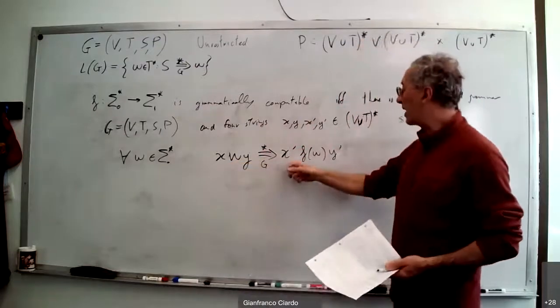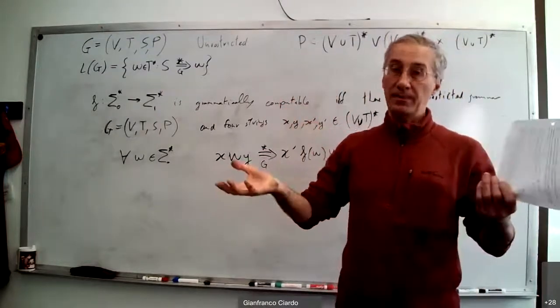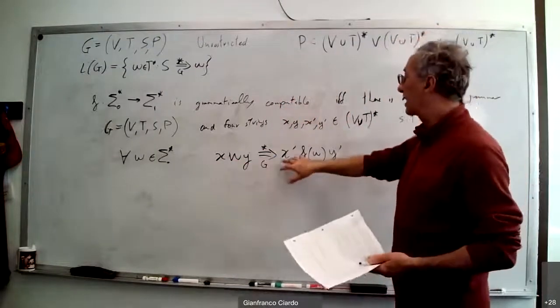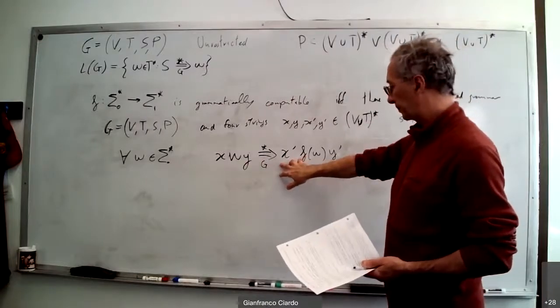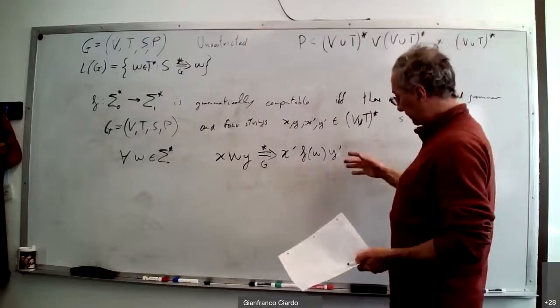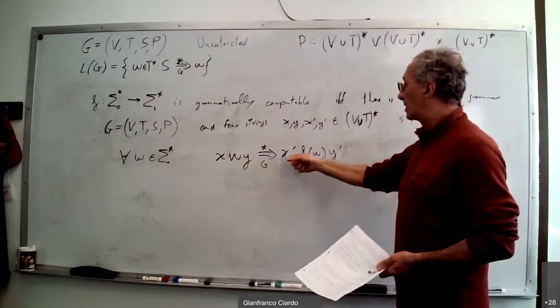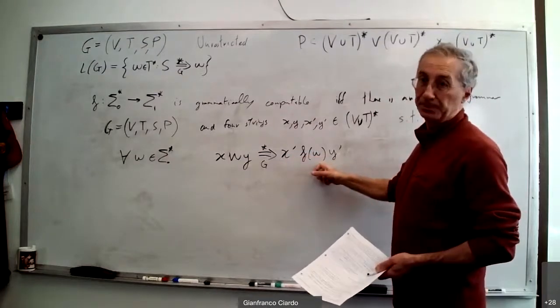And think of X prime, Y prime as the way the grammar tells you, I'm done. Whenever there is X prime on the left, prefix, and Y prime on the right, suffix of a sentential form, then what's between them is the F of W.